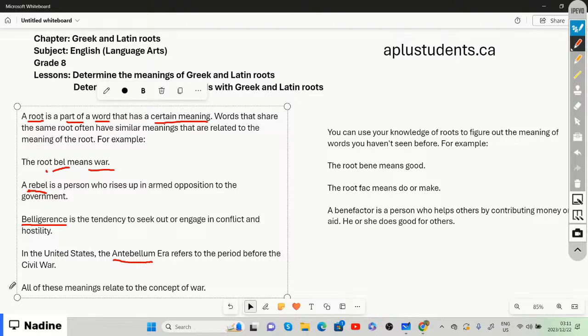So all of these words mean or are related to the concept of war. So we use the knowledge of the root word, or the root.